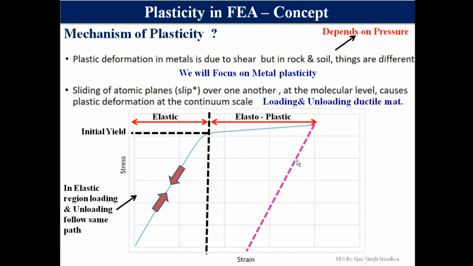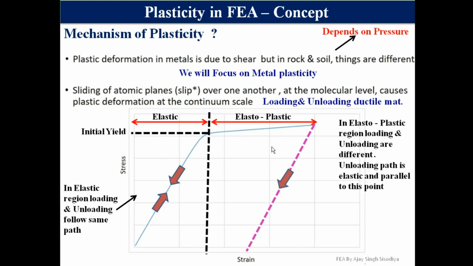So the loading and unloading in the elastic region follow the same path. But in the elastoplastic region, the loading and unloading are different. The unloading path is basically elastic and parallel to this line. So this is how loading and unloading happens.